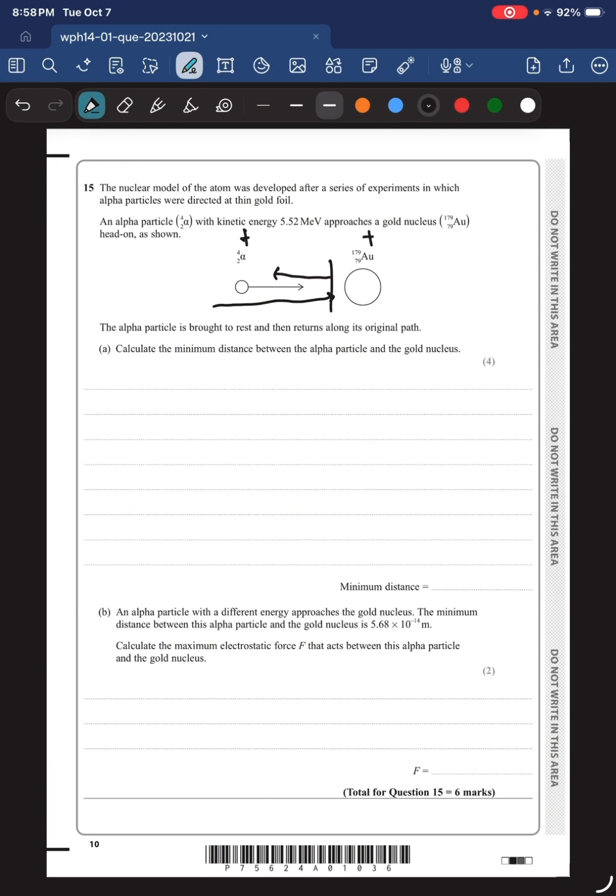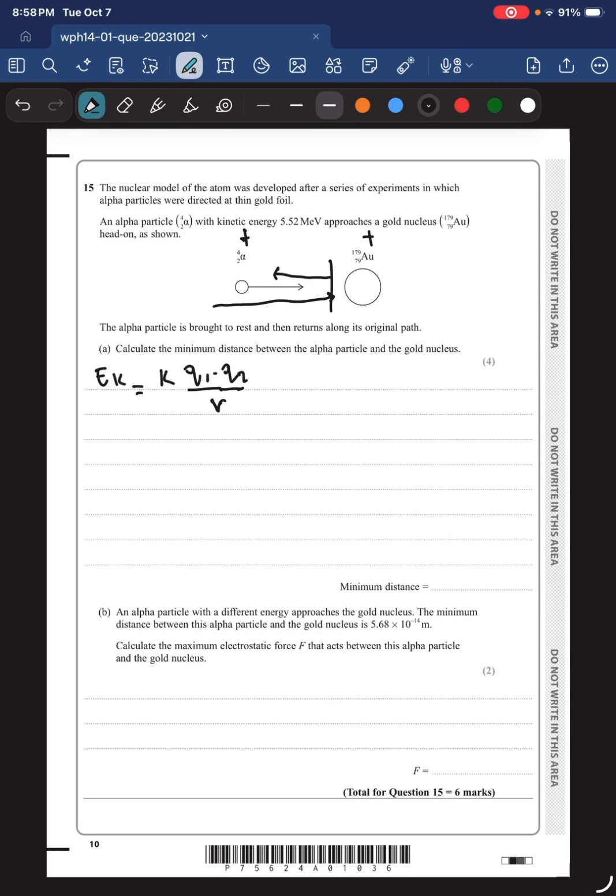So the kinetic energy of the alpha particle will be converted to potential energy, which is equal to K times Q1 times Q2 over R. Sorry about that, it would be R squared if it was Coulomb's law, if it was a force.